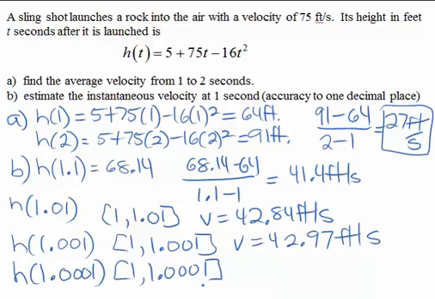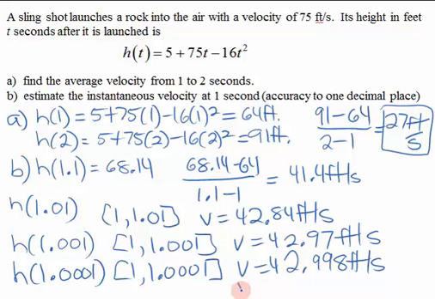So I'm going to subtract 64 from that, and then divide by the difference in the times, which is 0.0001, and I get a velocity of 42.998 feet per second.